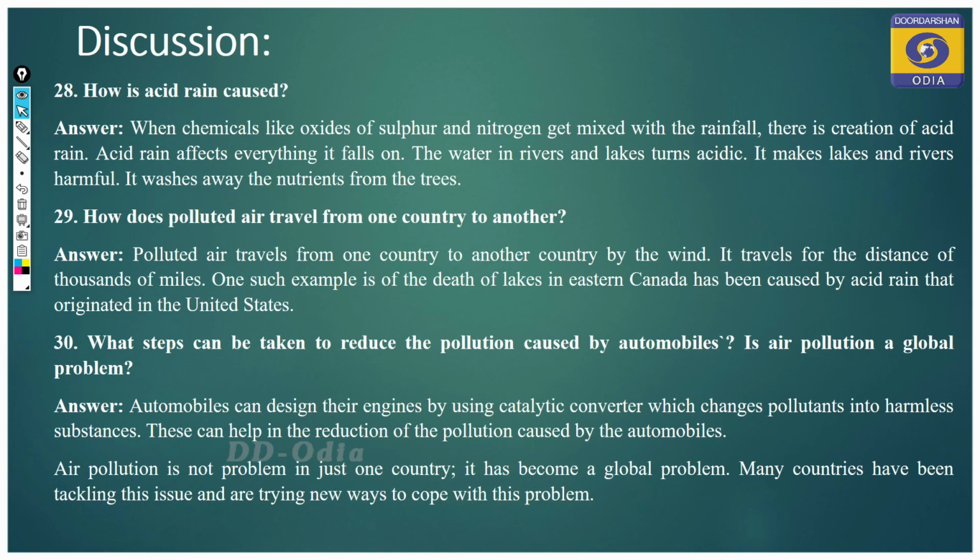Now, how does polluted air travel from one country to another? This is also another interesting question. Naturally, the most relevant medium by which it can travel from one country to another is wind, and it also travels a distance of thousands of miles.